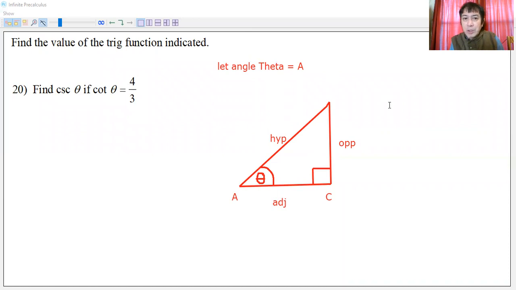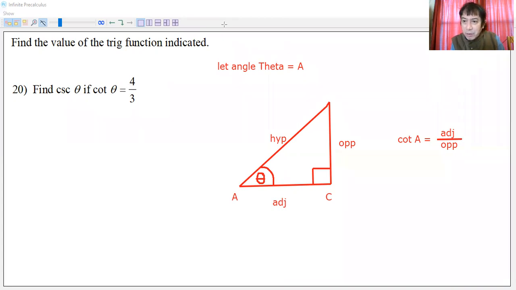Cotangent is adjacent over opposite. So we have the formula cotangent of A equivalent to adjacent side divided by the opposite side. Now, cotangent is given, so this must be the 4/3.